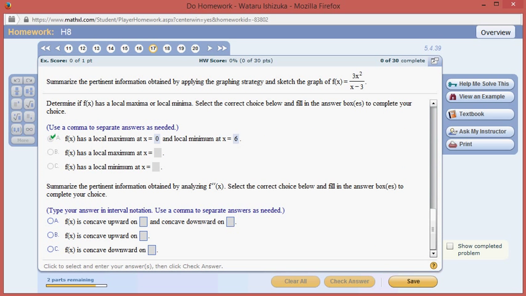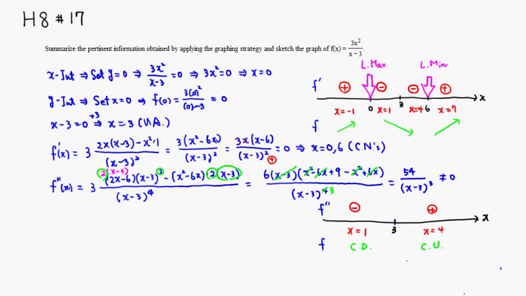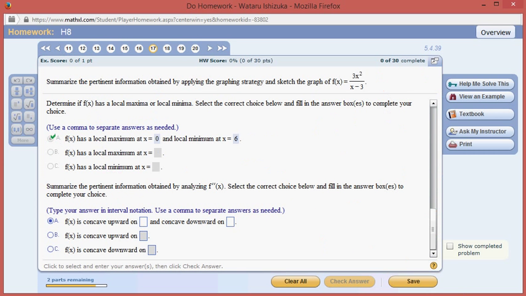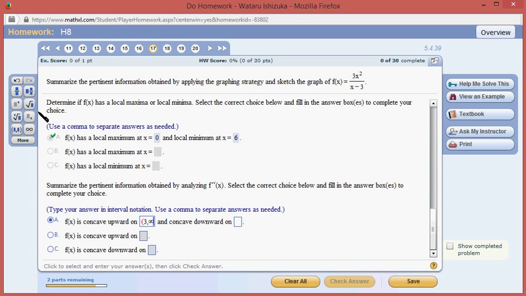Concave upward on 3 to positive infinity, and from negative infinity to 3, it's concave down.